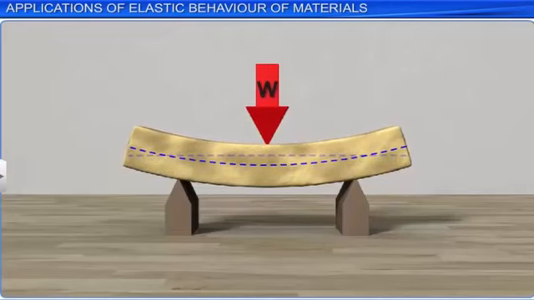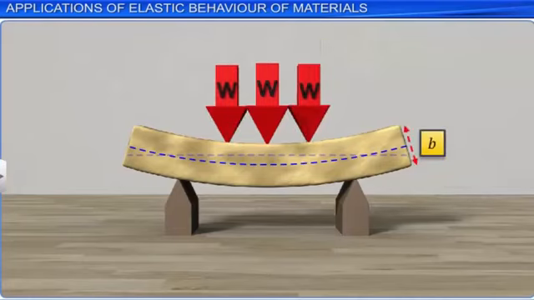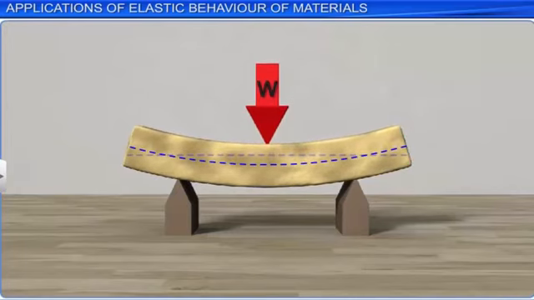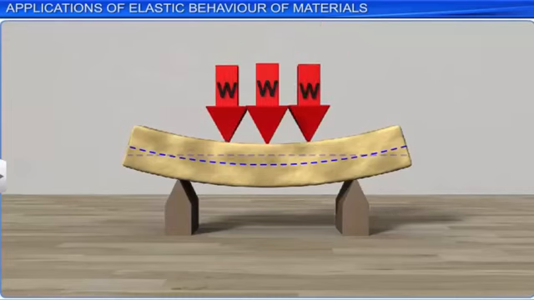The deflection delta at the midpoint can be determined experimentally as well as theoretically calculated. As the calculation involves high-level mathematics, we avoid the derivation of the expression in our context.